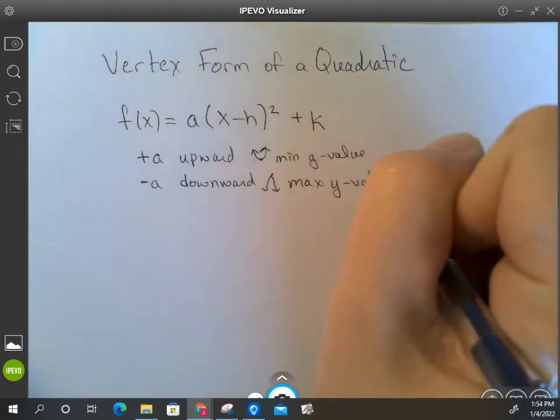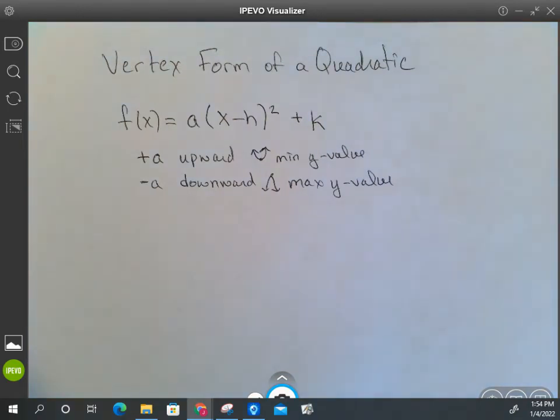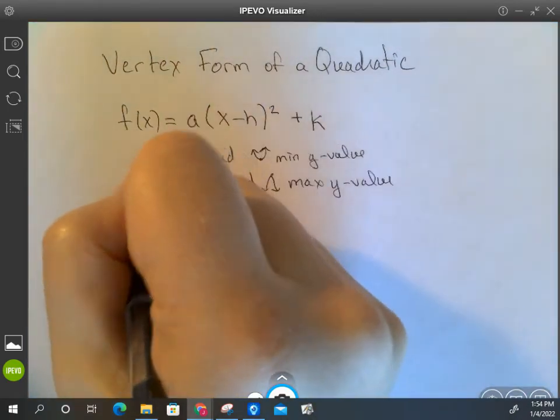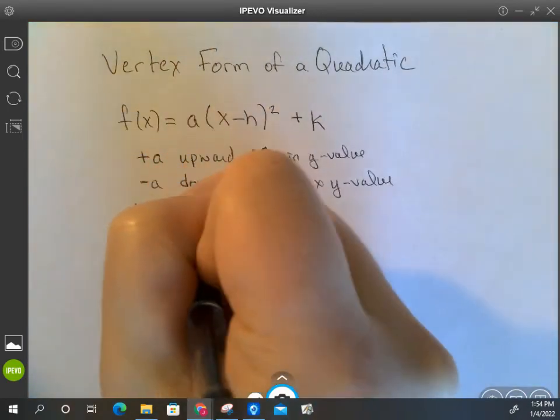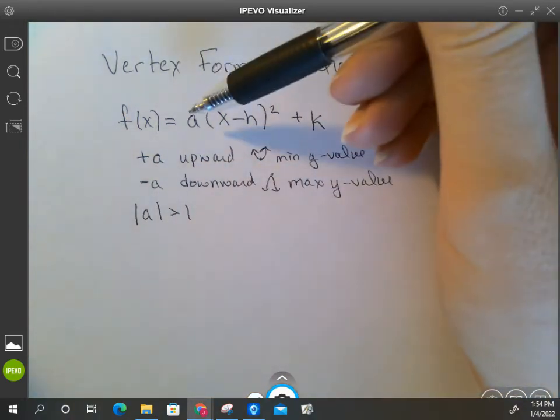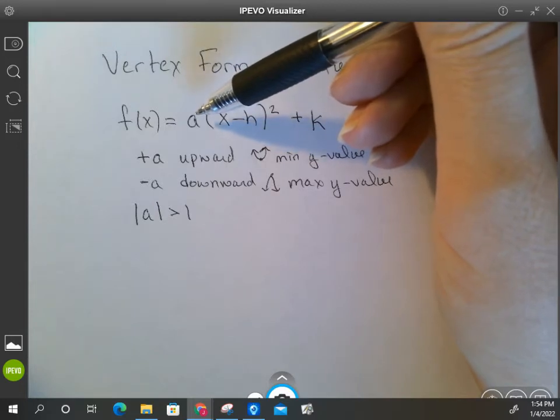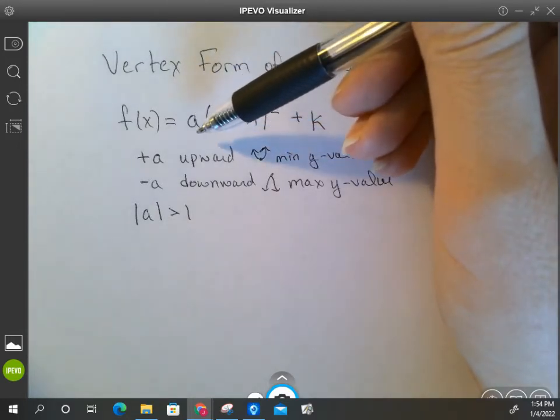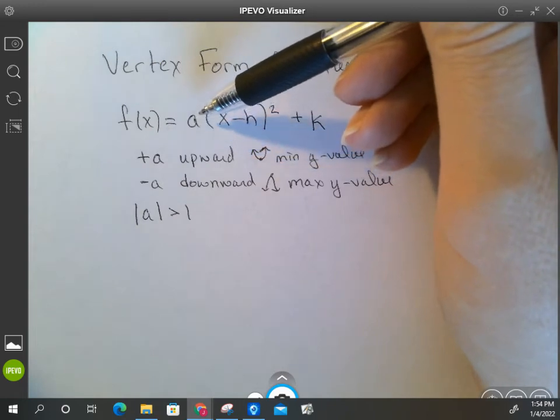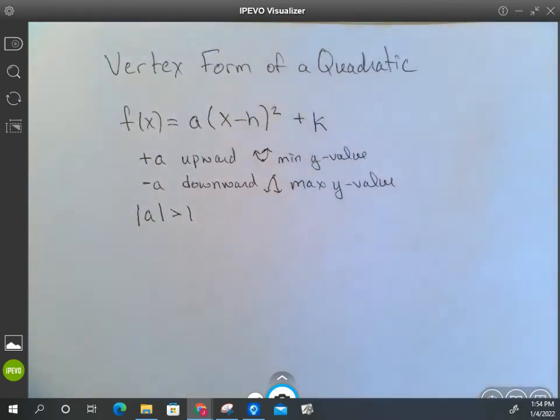Okay, but there's more, and this is what I want to focus on. It's the idea, we talked about the absolute value of a, if it's greater than 1. So whether this is a 2 or a negative 2, a 10 or a negative 10, the idea is if it's positive, it's opening upward. If it's negative, it's opening downward. But whether I multiply by 10 or negative 10, I'm going to stretch my graph vertically.